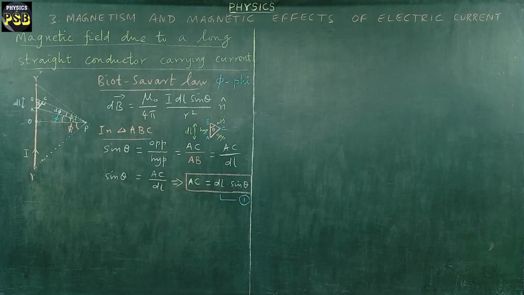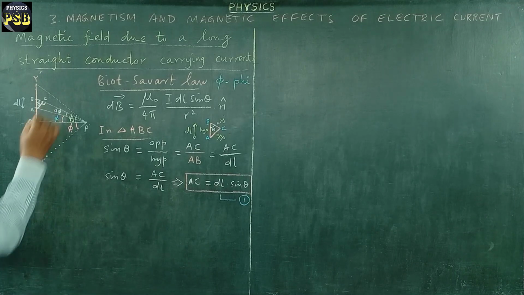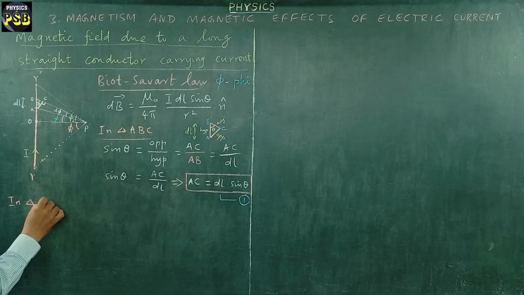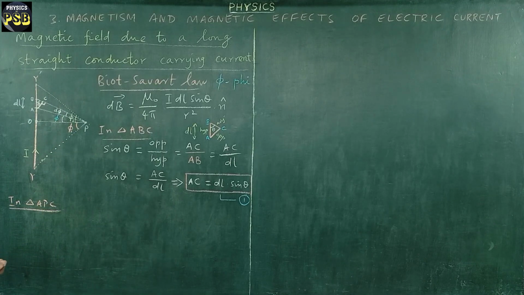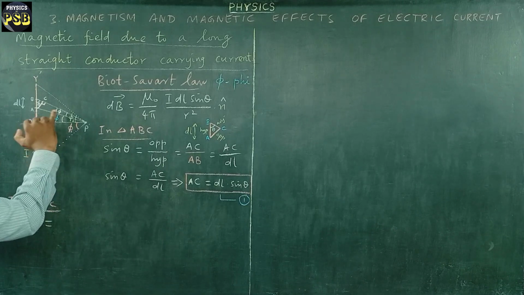Now I will find one more value of AC from the triangle ACP. This triangle, ACP, is a right angle triangle. Here we have angle d phi.